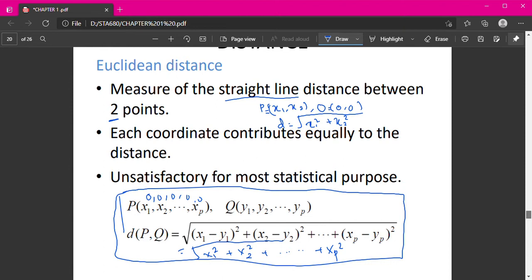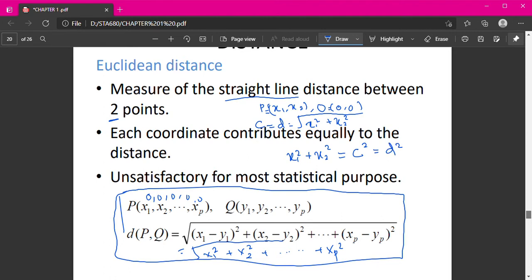Okay, and then kalau distance ni, kalau kita buat dia jadi macam ni, x1 square plus x2 square, D ataupun C, okay, notation C ataupun D. So kalau let's say this one, so dia akan jadi C square ataupun D square.